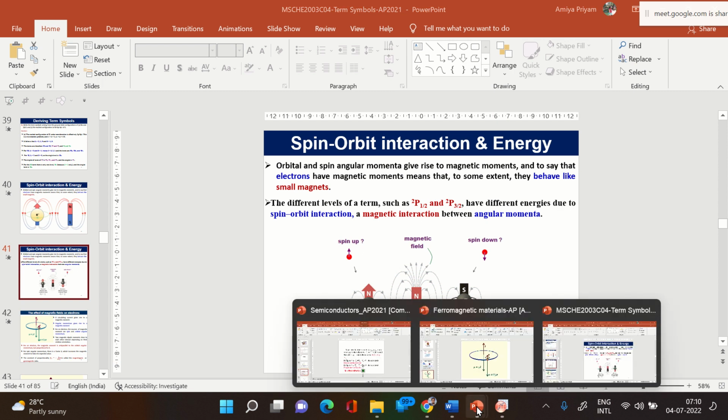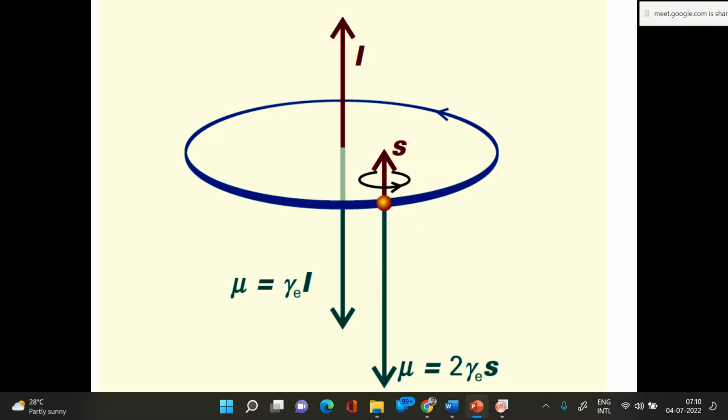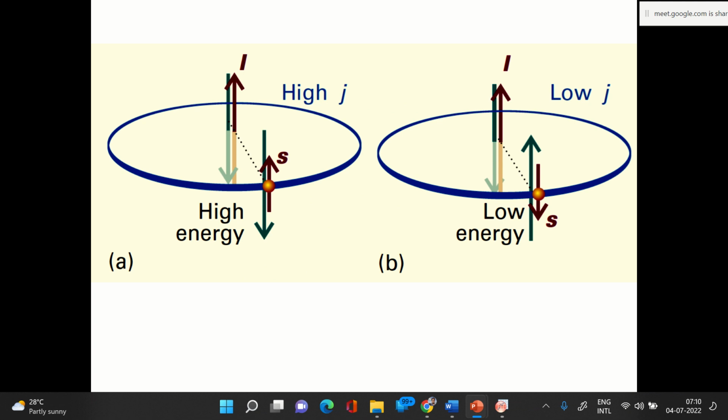So this is the picture that we had. That's what we saw, the magnetic moment due to spin and due to the orbital motion. Then the coupling of the two can give you different values.